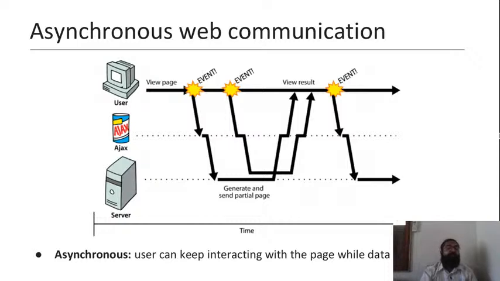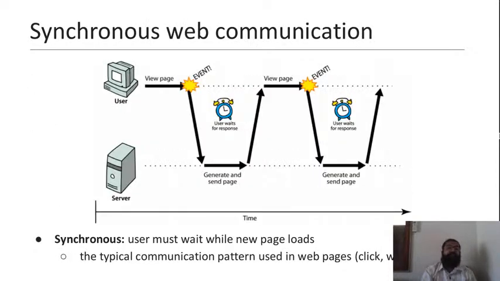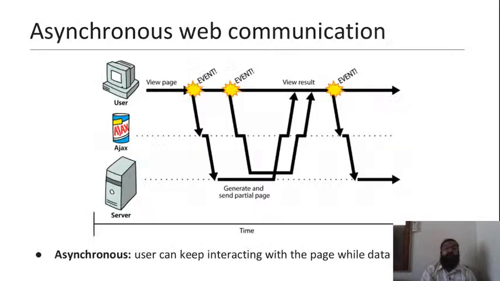So the earlier synchronous web communication that we had discussed changes from this diagram to an asynchronous web communication. There are two major differences. First, the page is never lost, which means I can always interact with the page; it is always visible to me.